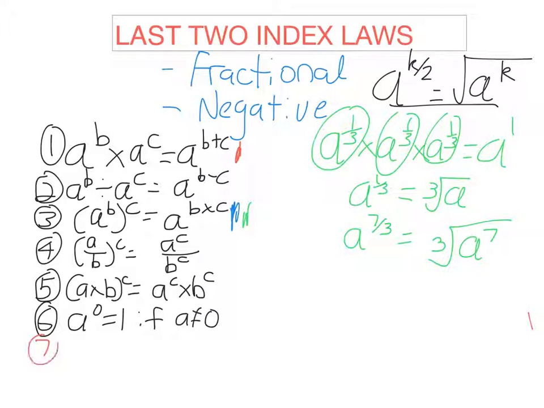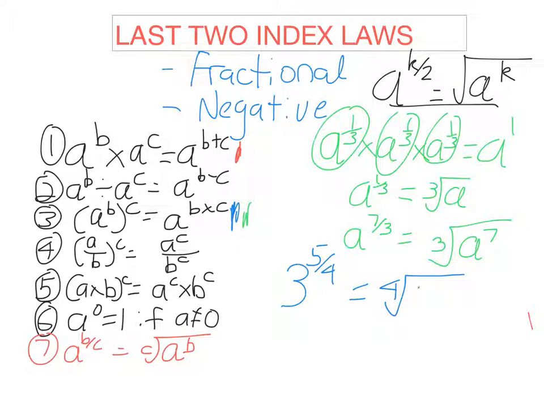So a to the power of, let's call it b over c, equals the c root of a to the power of b. Okay, so just like, for example, if I had 3 to the power of 5 over 4, using that law, that would be the 4th root, because 4 is on the bottom of the fraction, of 3 to the power of 5. Okay? So now let's look at negative indices.